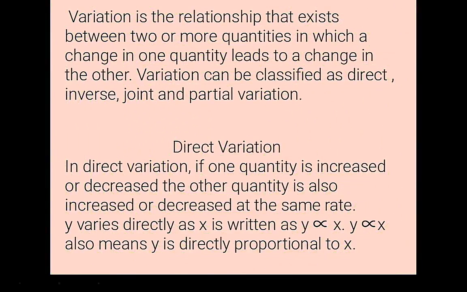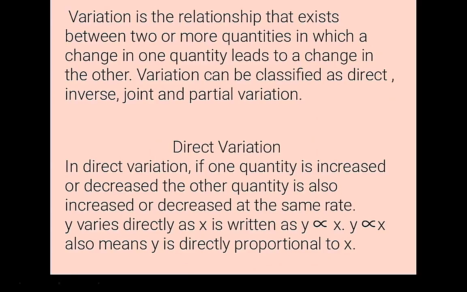But for today's class, our emphasis shall be on direct variation, while other forms of variation shall be treated in our subsequent classes. In direct variation, if one quantity is increased or decreased, the other quantity is also increased or decreased at the same rate.